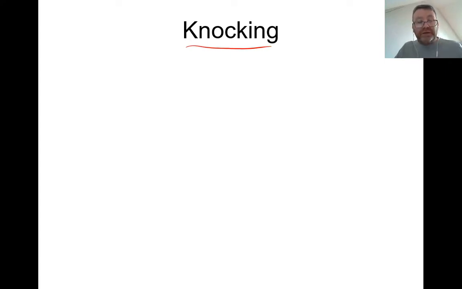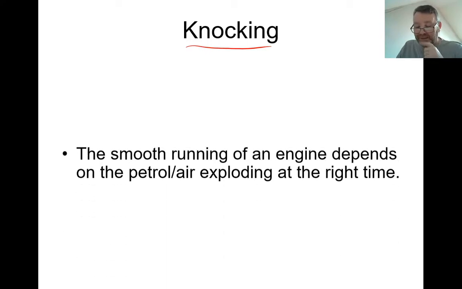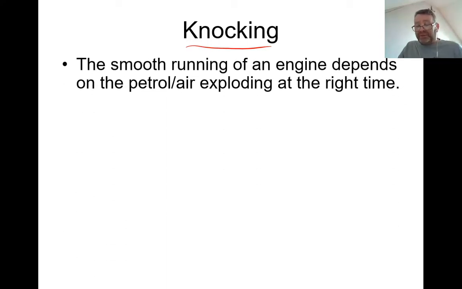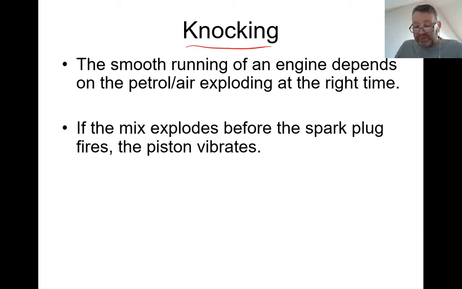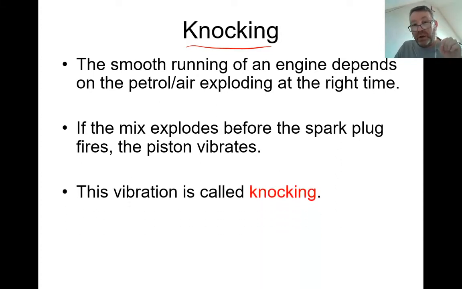Okay, so knocking is the phenomenon whereby a petrol auto-ignites at the wrong time, causing the piston inside the cylinder to vibrate, knocking off the sides of the actual chamber itself and causing an audible sound of knocking in the engine. The smooth running of an engine depends on the petrol air exploding at the right time. If the air mix explodes before the spark plug fires, the piston will vibrate. And this vibration is what we call knocking.